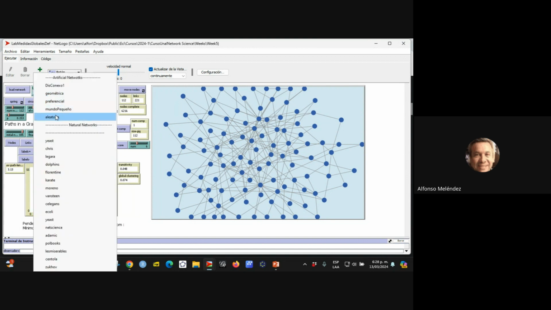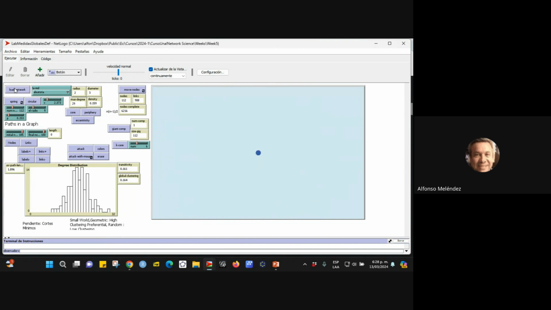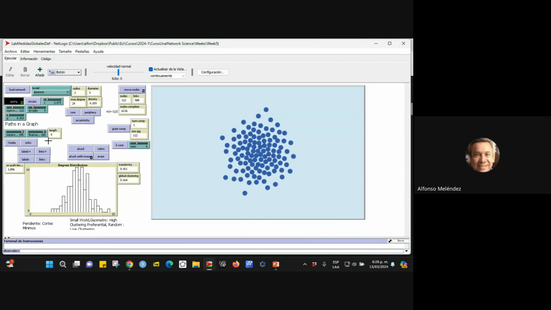If I put the random network, look, the clustering is greater. Clustering is a very important concept. It's not so easy to grasp, but it has to do with communities, with clusters.